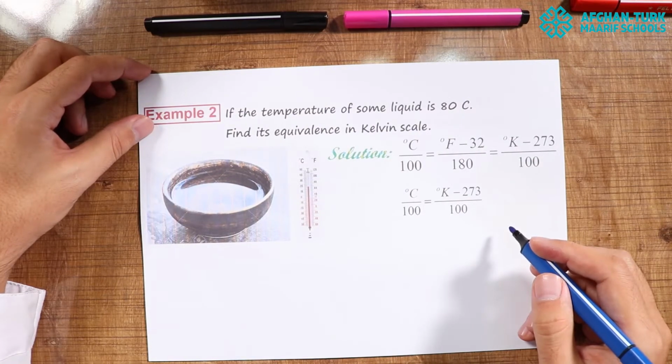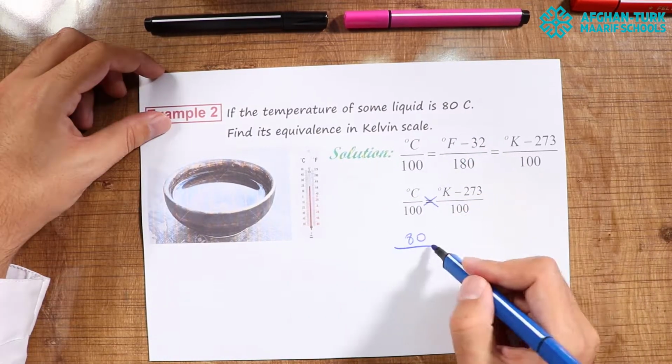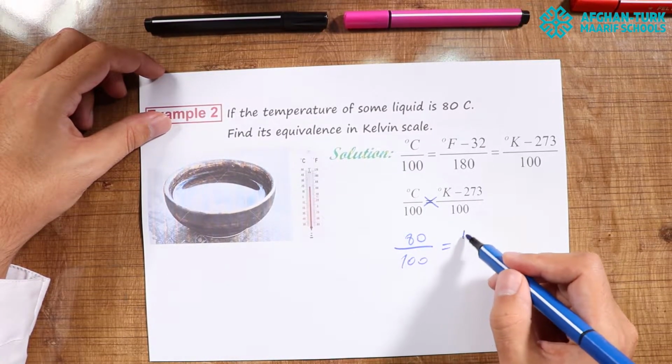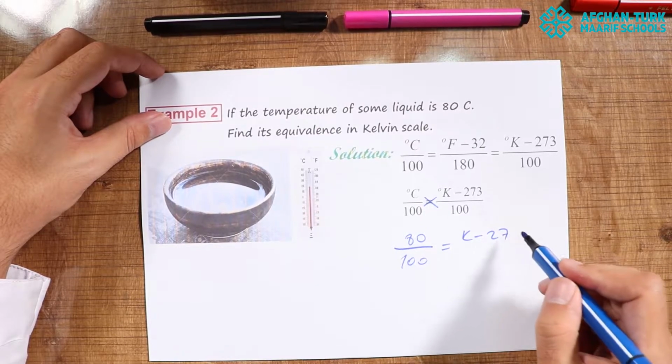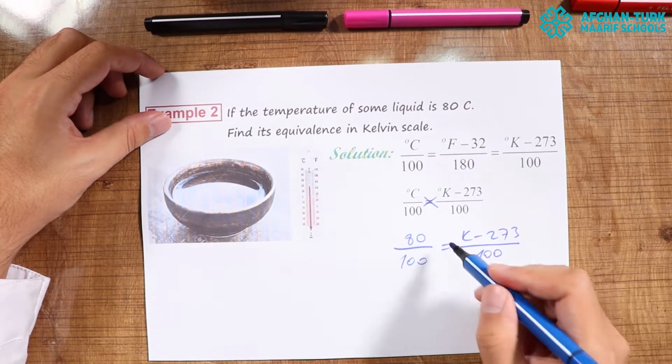In this one we have some liquid at 80 degrees Celsius and we will find its Kelvin equivalent. By using this relation, 80 divided by 100 is equal to K minus 273 divided by again 100.